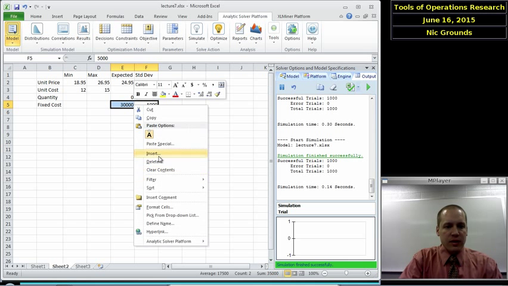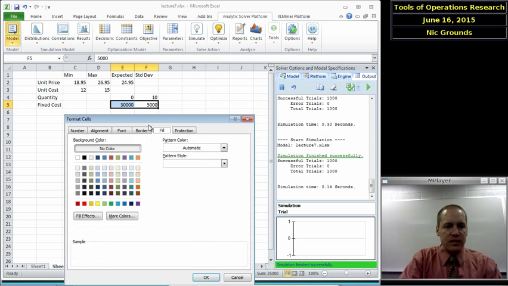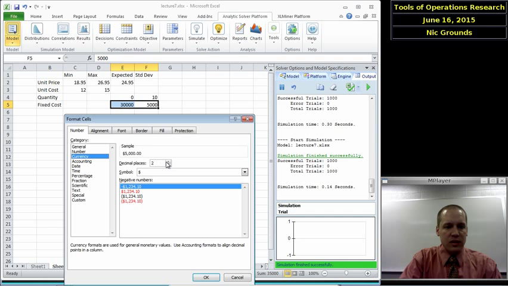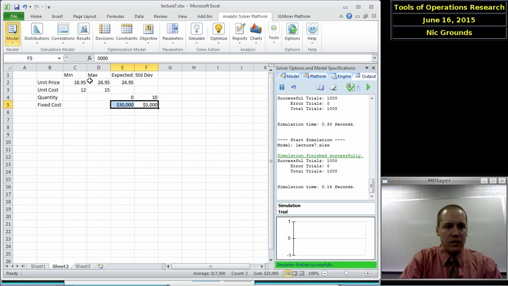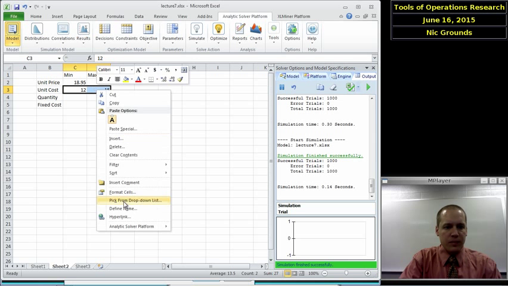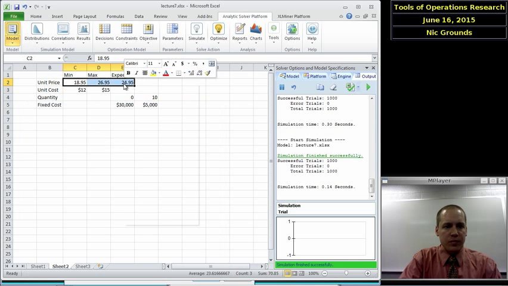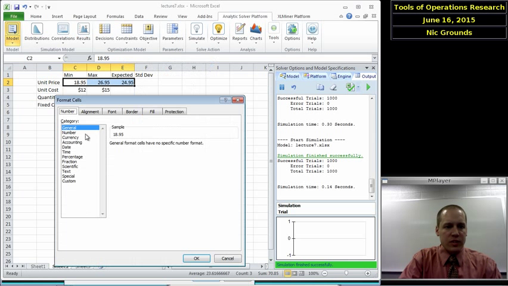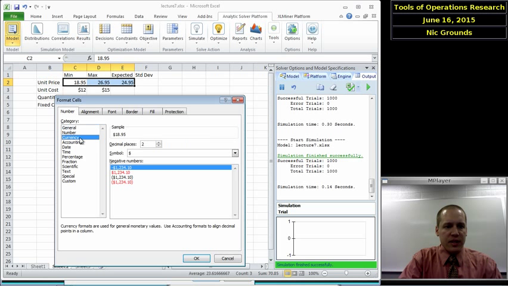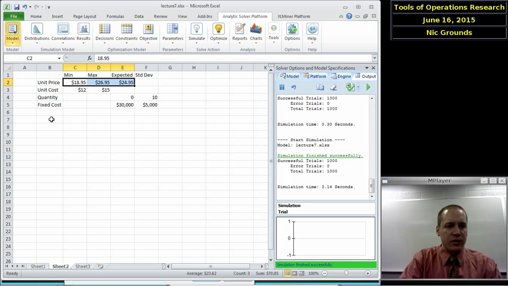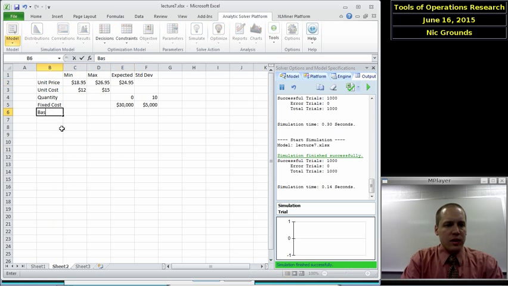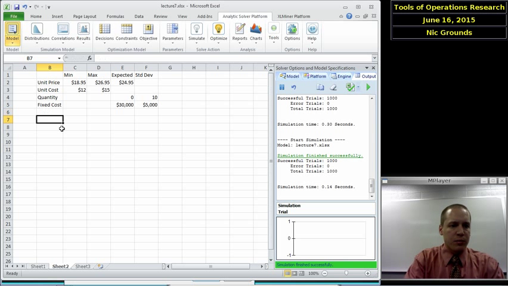So let me format the cells that need formatting. These are just copying in the model parameters, and we'll put this down here.